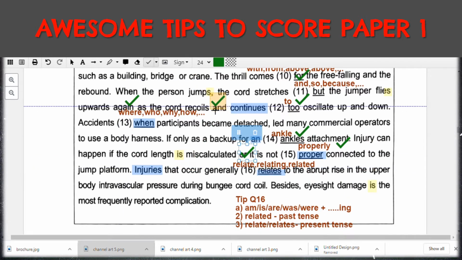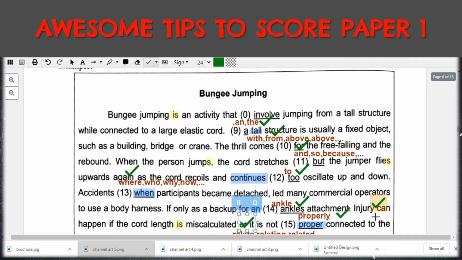You see, is, jumps, flies, is. That's why the answer is relate, because many injuries, so relate. Or another tip is, when you see "has" here, there's no "has" here. So "related" cannot be accepted because it's not past tense. The passage is in present tense. So these are the answers.